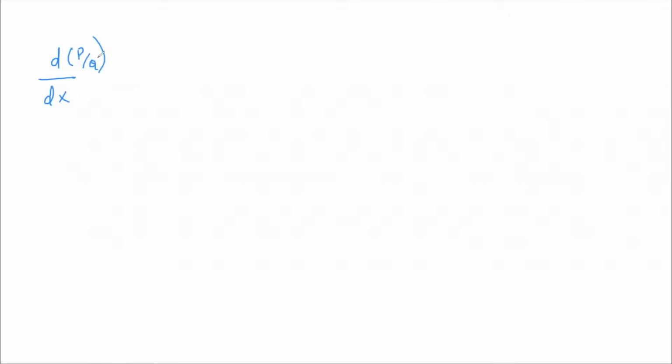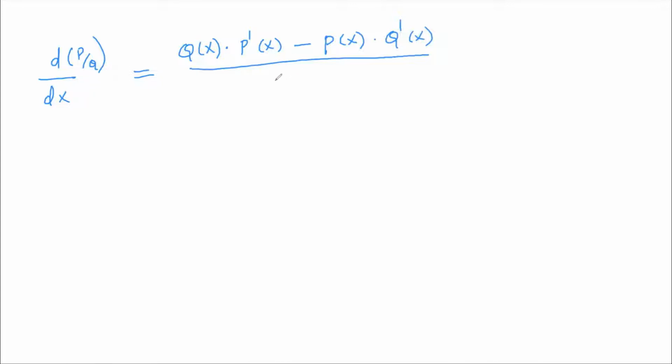It is a function of X. Then what we have to do is first Q of X into P dash of X, that means differentiation of P of X, minus P of X into Q dash of X. As you have Q of X in the denominator, you have to say Q of X whole square. Yes or no?